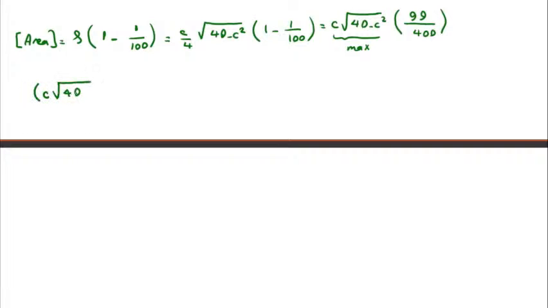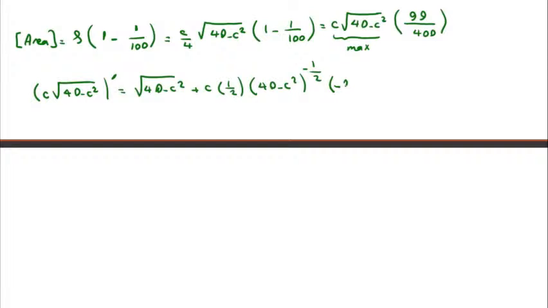So C times square root of 40 minus C squared, prime, is C prime, which is 1 times square root of 40 minus C squared, plus C times the derivative of this part, which will be 1 over 2 times 40 minus C squared to the power of negative 1 over 2, and then times negative 2C. We should consider it equal to 0.